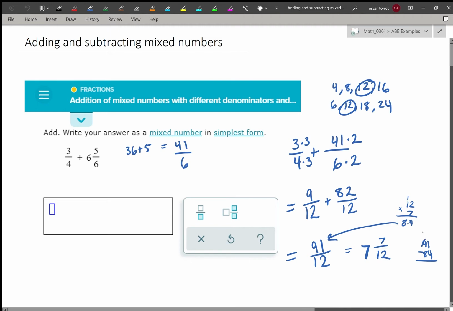So you got to borrow 1's place from the 9, and the 9 becomes an 8. And the 1 becomes really an 11. 11 minus 4 gives us a 7. So that's where I got this remainder up here. So that last step was just turning this improper fraction into a mixed number, and this mixed number is my final answer.